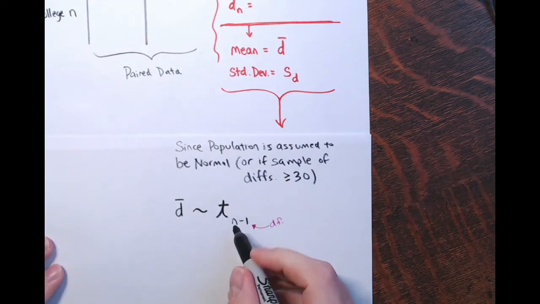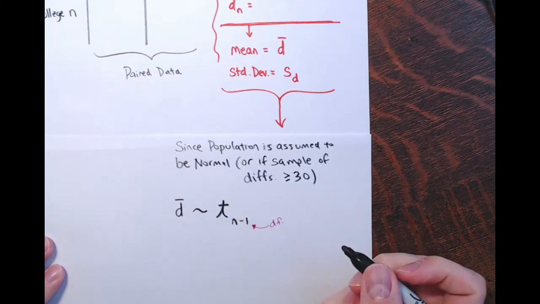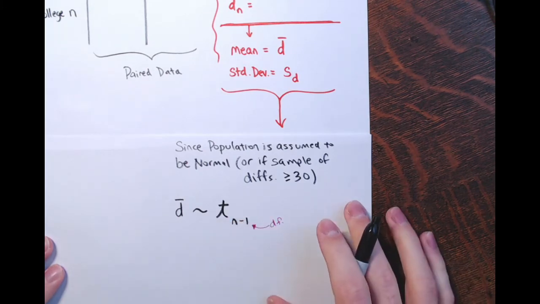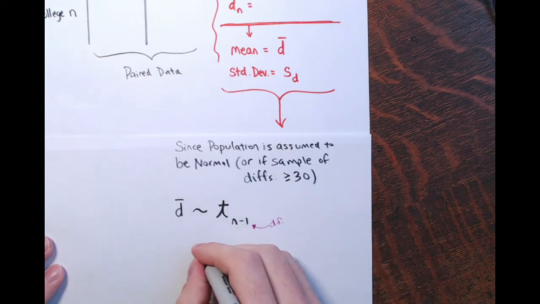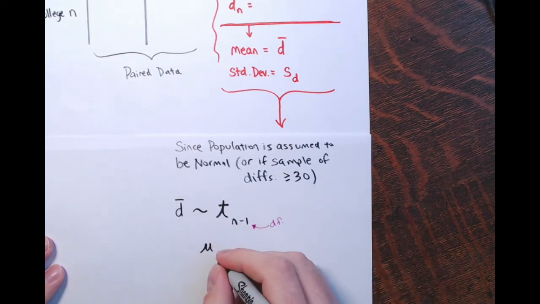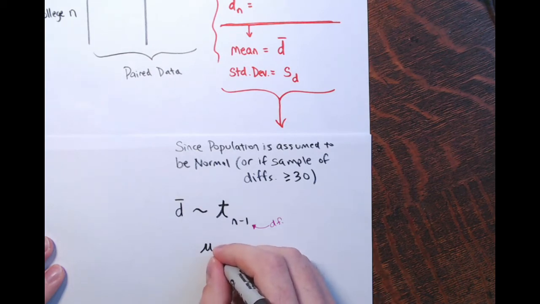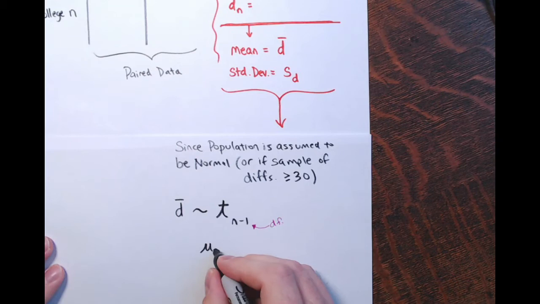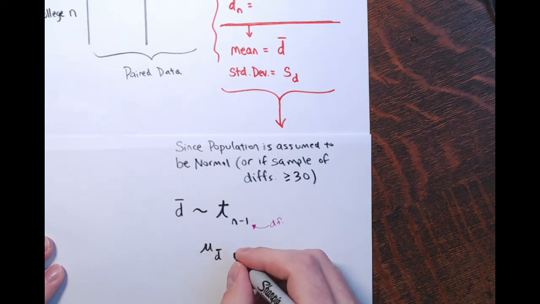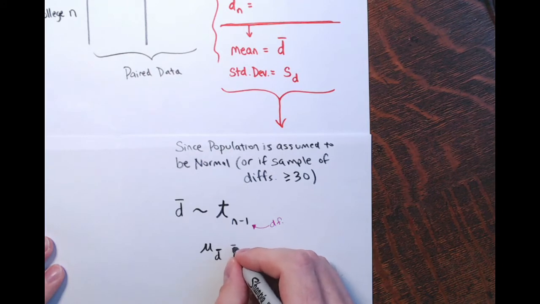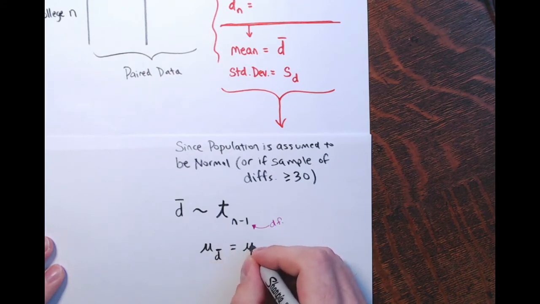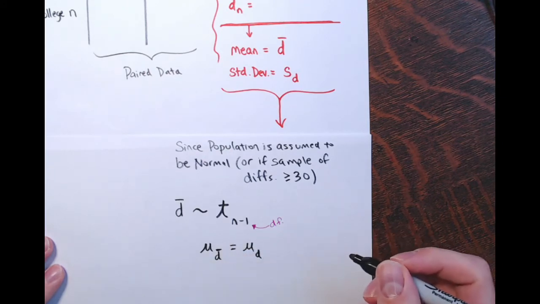So remember, there's n minus 1 degrees of freedom. And the mean of these d bars, say mu sub d bar, is the mean of the population of all those differences.